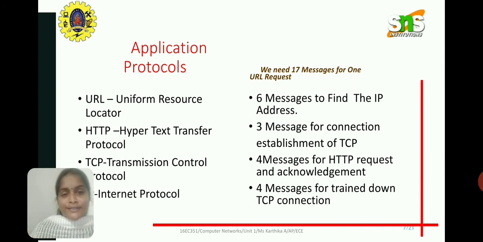We need 17 messages for one URL request: 6 messages to find the IP address, 3 messages for TCP connection establishment, 4 messages for the HTTP request and acknowledgement, and 4 messages for tearing down the TCP connection.